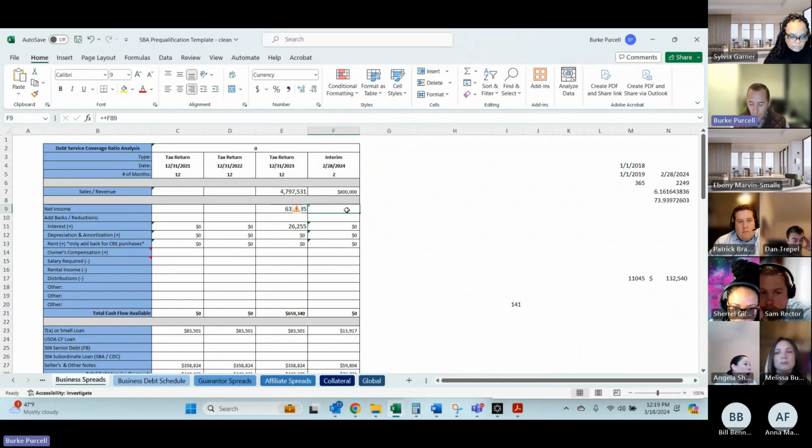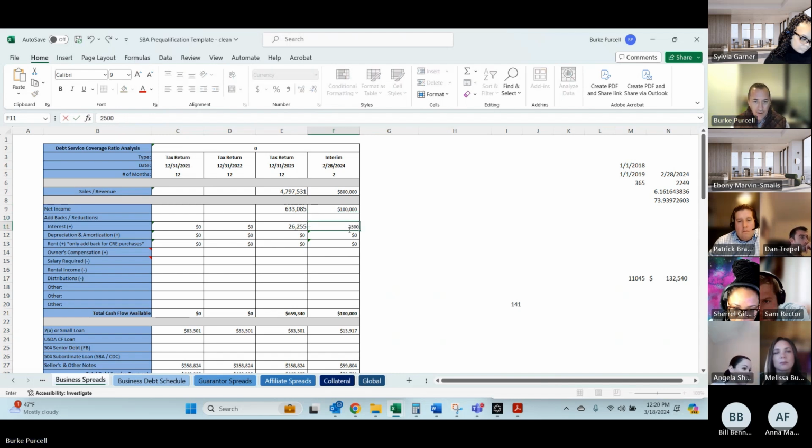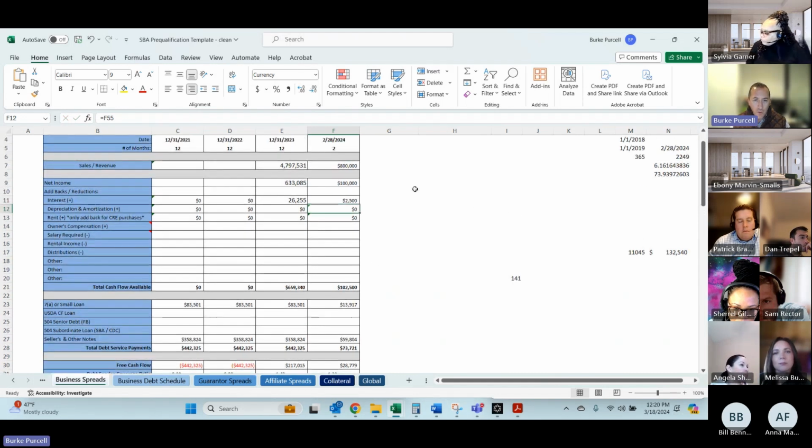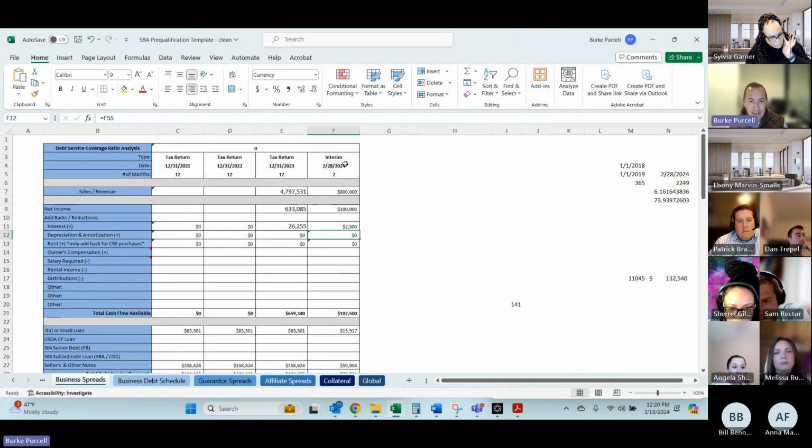And the net income was 100,000, and I had 2,500 in interest that was added back. The lender is going to look at this on an annualized basis. So we would have to go to the P&L and see what date the P&L is good through. This is going to be our interim.